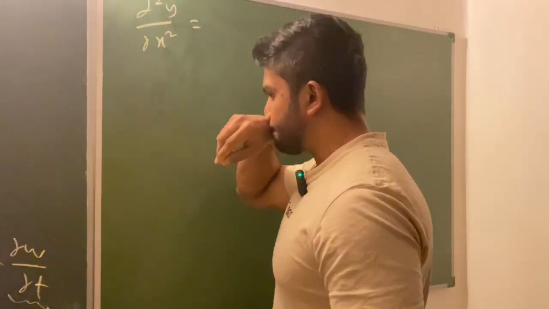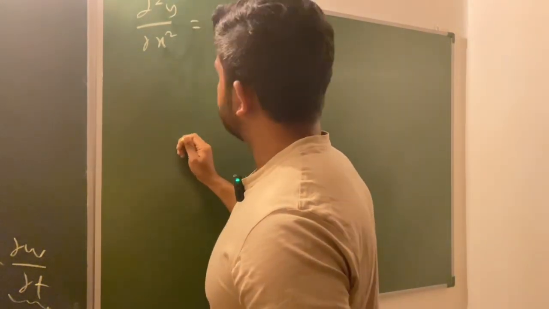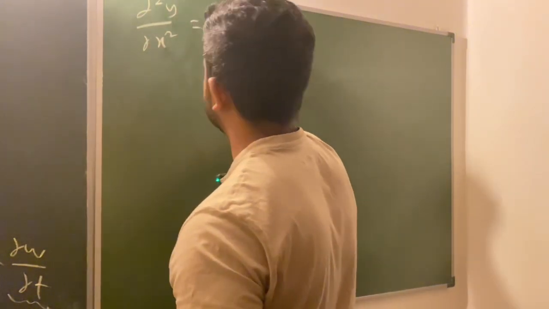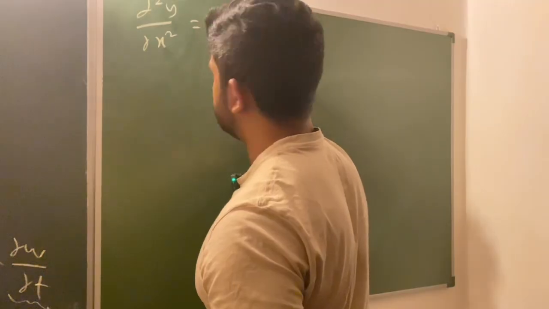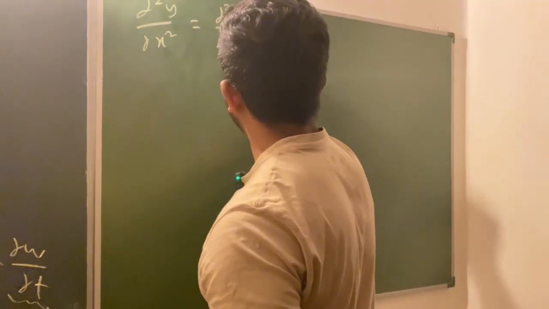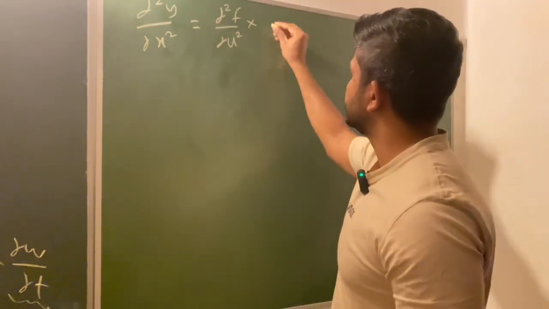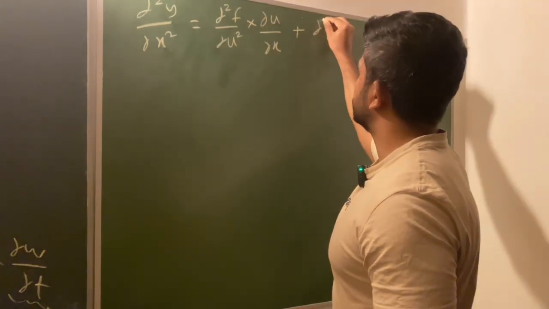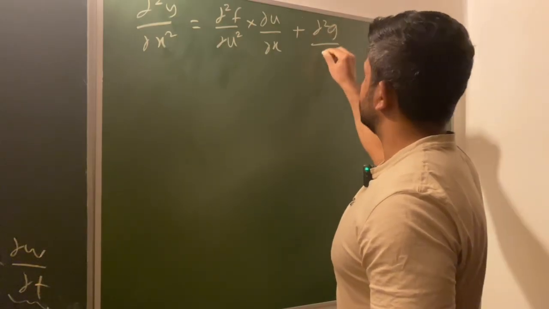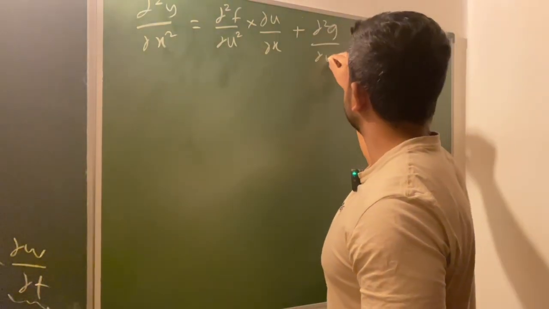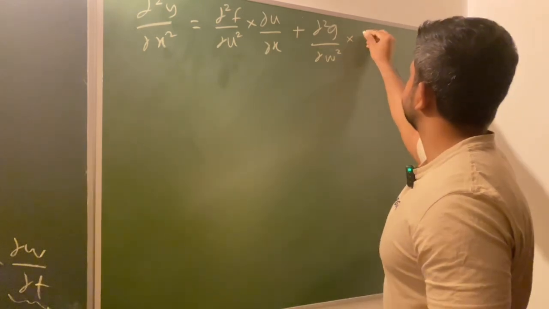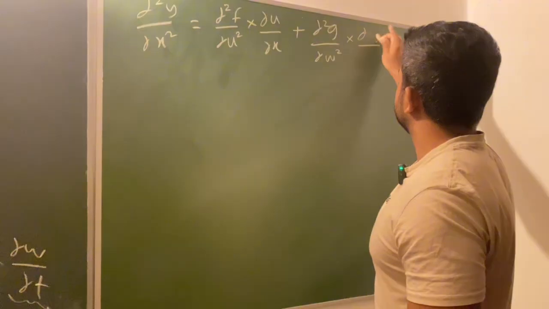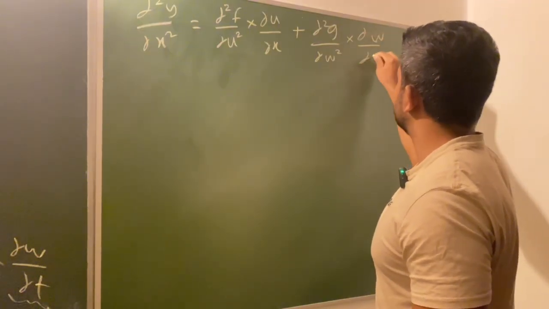So here, guys, when I get this relationship, same as in my previous case, I take the same one, double squared f over double u squared, but in order to compensate for this one, I have to take double u over double x, plus, same as my previous one, double squared g over double w squared times double w over double x.